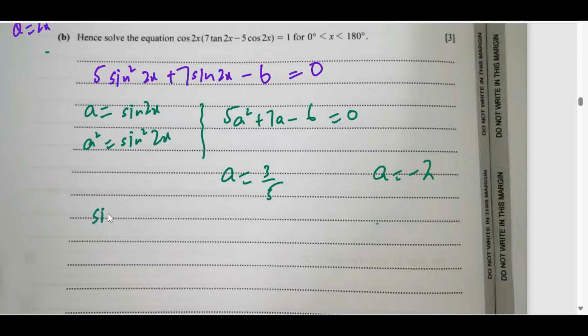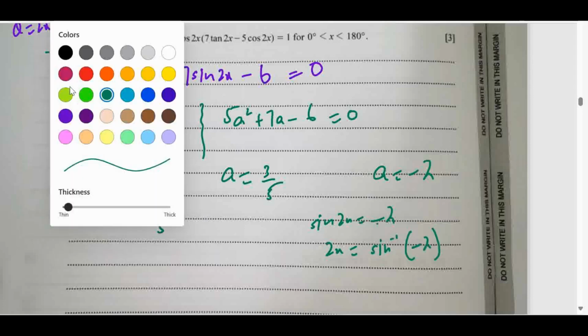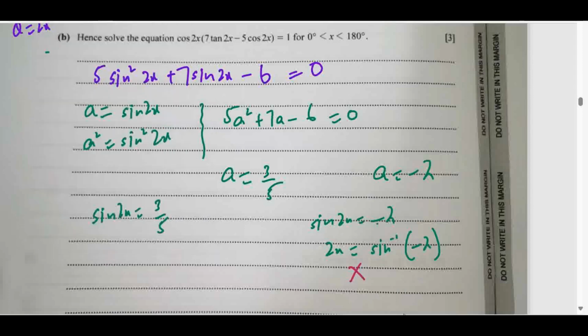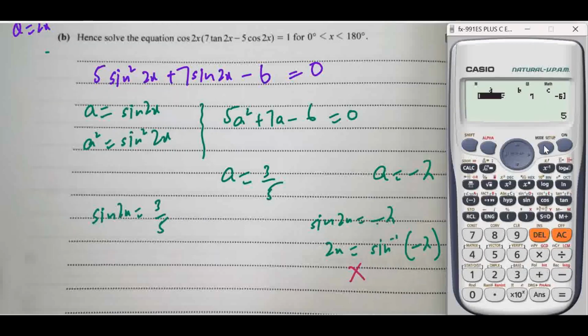So sine 2x is equals to 3 by 5. And here sine 2x is equals to negative 2. We know that 2x is equals to sine inverse of negative 2. This will be the math error, so we will not go further. Let's check this one. Shift sine inverse of negative 2. So there is a math error.